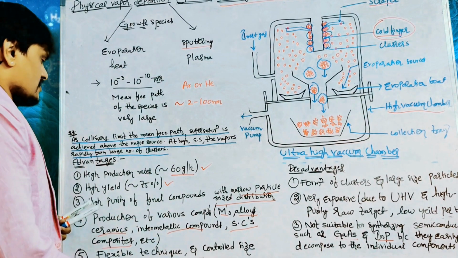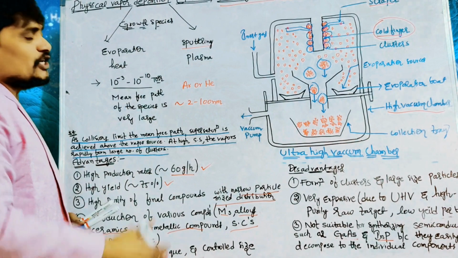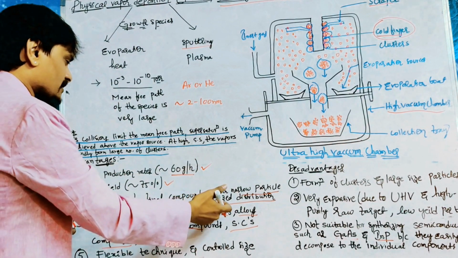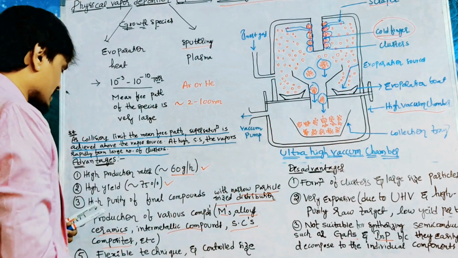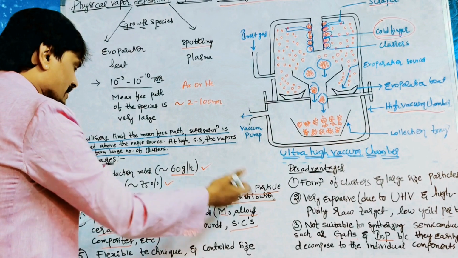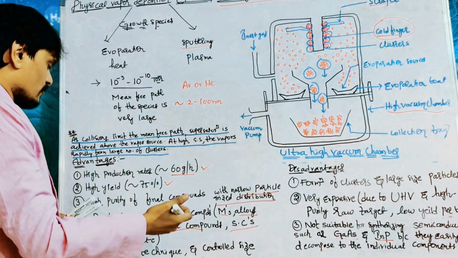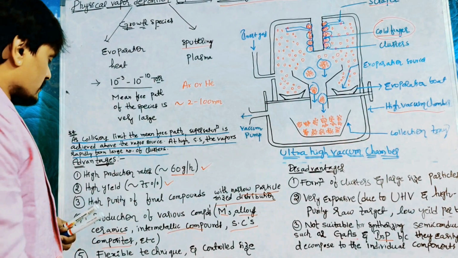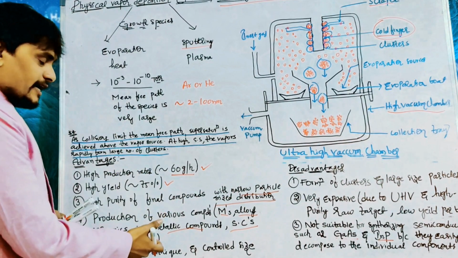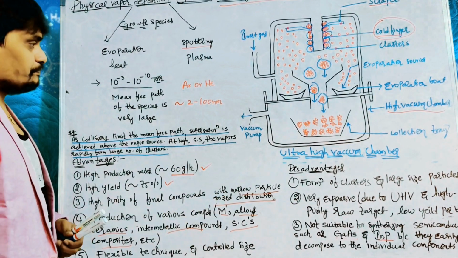Next, making use of this inert gas condensation, not only can we prepare nanoparticles, we can prepare metal nanoparticles, alloys, ceramics, intermetallic compounds, semiconductors, composites, and so on. Another advantage of this method is that it is a flexible technique and size can be controlled.